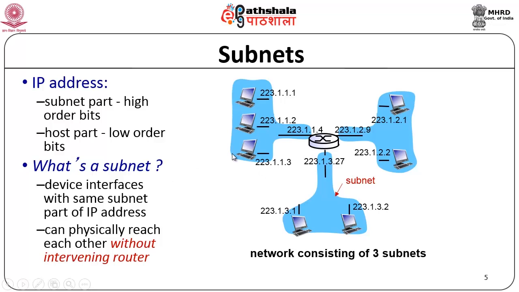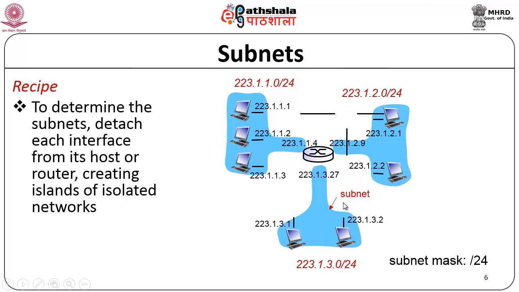So what exactly is a subnet? You can look at it typically as something which interfaces to one part of a router, and for which the initial part of the IP addresses are all the same. Physically, you can also look at it as a network which, if you disconnect it from the intervening router, will still physically be connected to each other. That's typically how we identify or designate these subnetworks. Now, what do we have to do in order to do this subnetting?